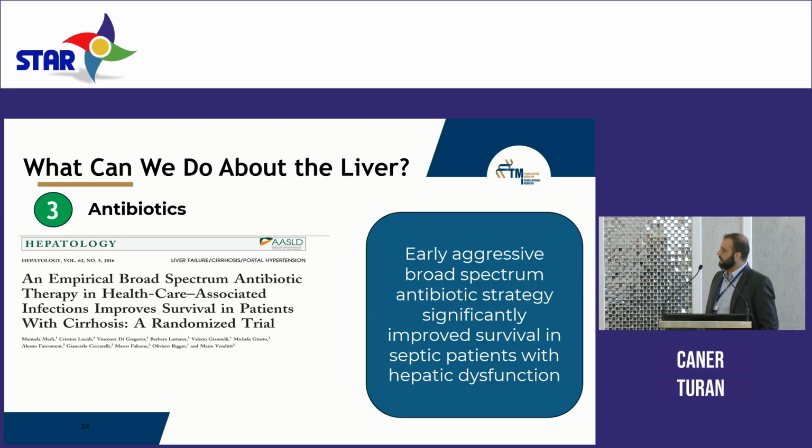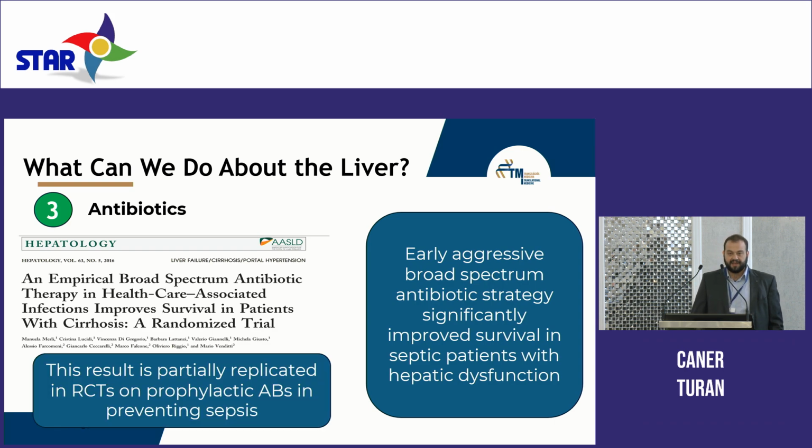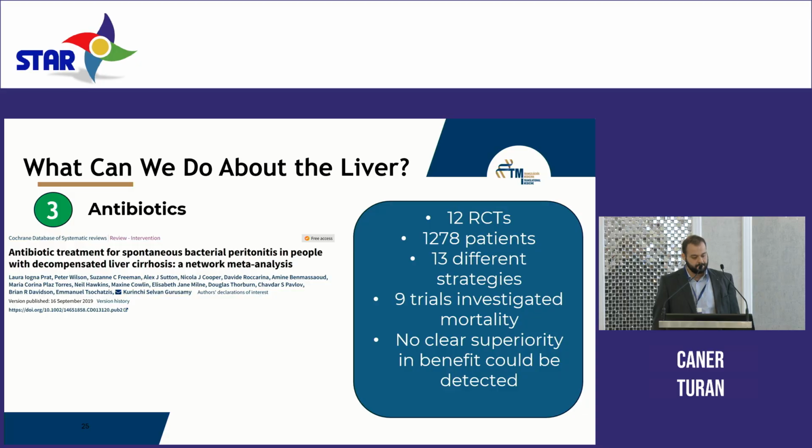And let's take a look at antibiotic therapy. This landmark study comparing an early, aggressive, broad-spectrum antibiotic strategy for patients presenting with sepsis and liver dysfunction improved survival in these patients significantly. And this result is partially replicated in randomized controlled trials on prophylactic antibiotics to prevent the development of sepsis.